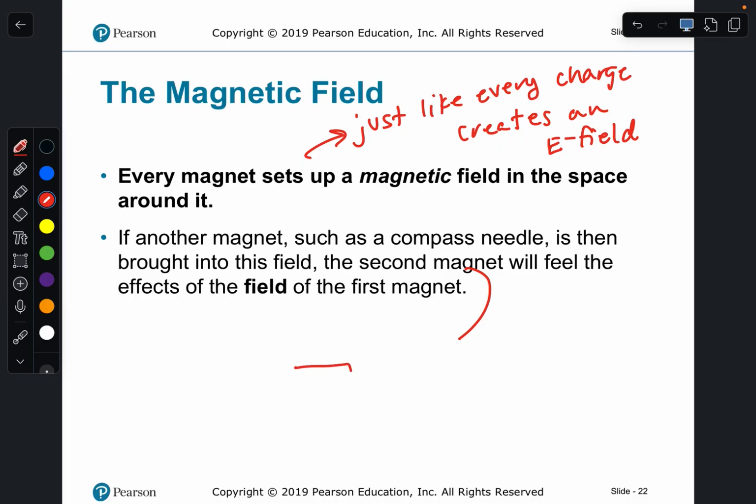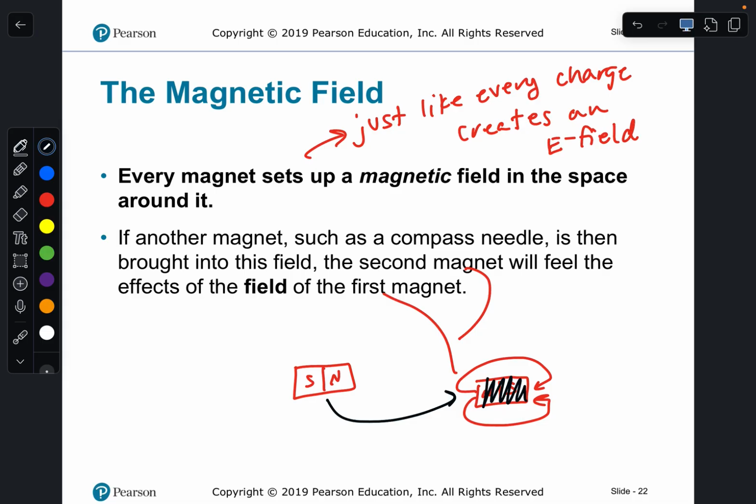So the second magnet is existing, and then the first magnet is creating the magnetic field. Okay, here's the magnetic field lines, which we'll talk about more later. We'll get into the shapes of the magnetic field lines. And so basically, we're imagining that this magnet isn't even there and that this guy is interacting with the fields alone. Okay? That's called the field theory.